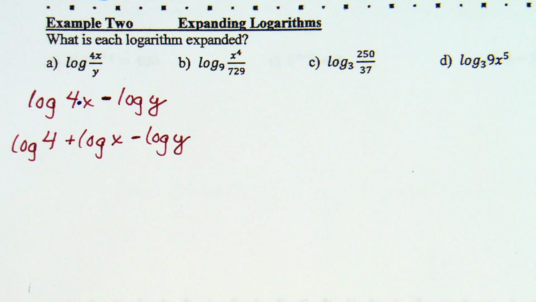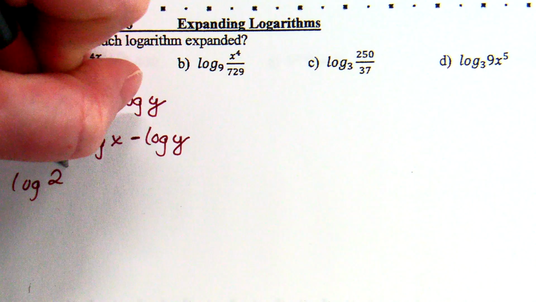My hint is think about the number 4. Is 4 on this lovely paper that you have out and are using as your guide? Yeah, we know 4 as being 2 squared, which means I could take log of 4 and rewrite it as log of 2 squared.